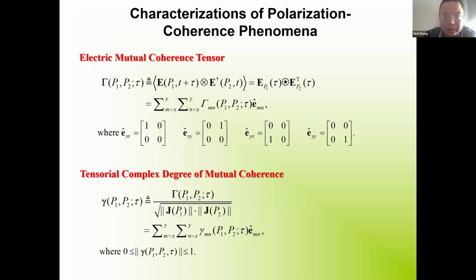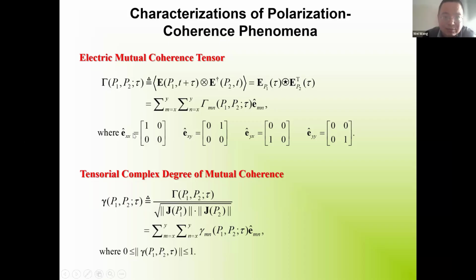Each element of this matrix can be represented as the coefficient of the tensor basis. Here E_MN represents the basis vectors.